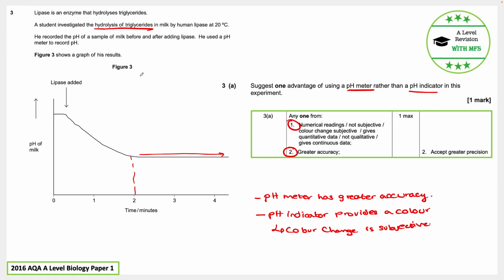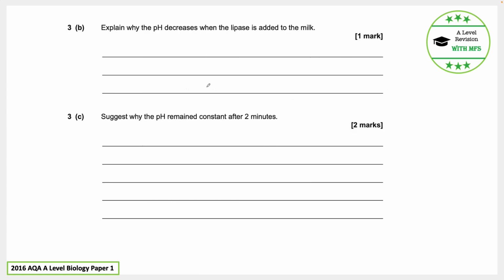Well, the pH has remained constant, first of all, because no more fatty acids have been produced. Okay, no more fatty acids have been produced. And why is that? Well, that is because perhaps all the triglycerides have been used up. Okay, no more fatty acids can be produced because all the triglycerides have been used up. Okay, and that's the most sensible answer.